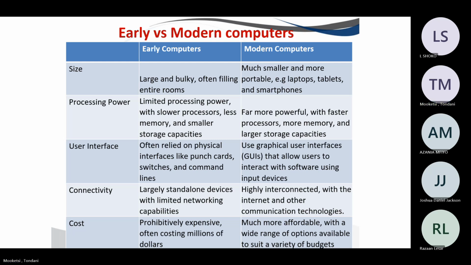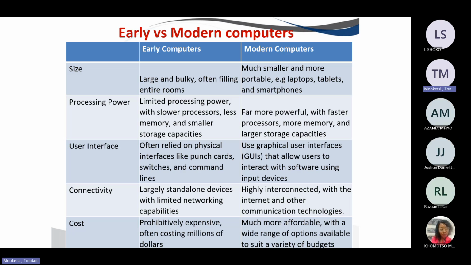So computers in the olden days were big. They were large and bulky, often filling entire rooms. You have probably heard about the mainframe computer. So those are the early computers, and their size was large and bulky.